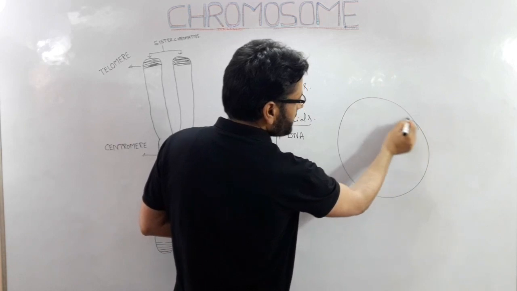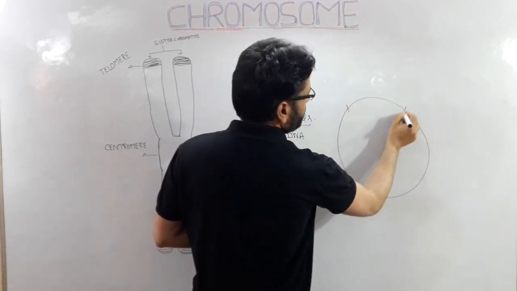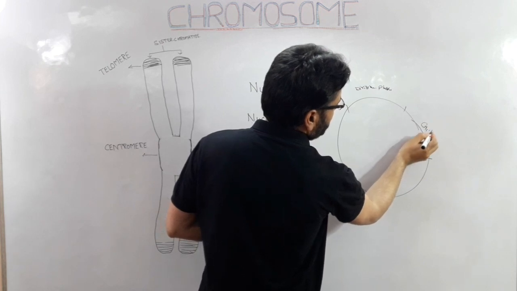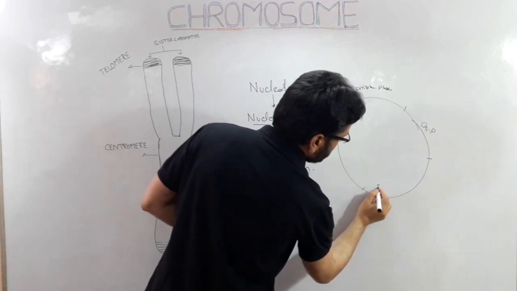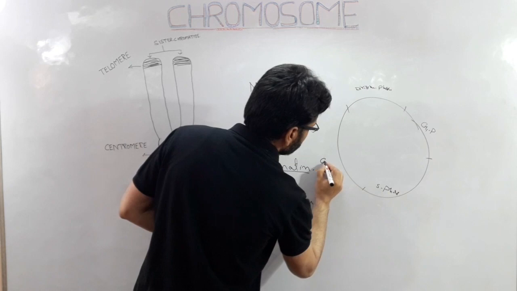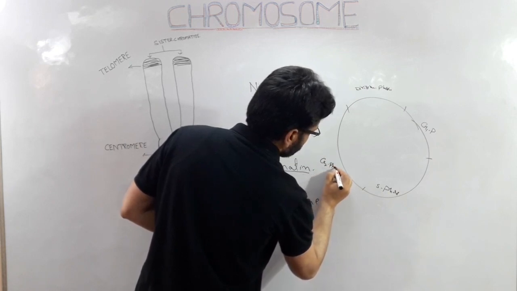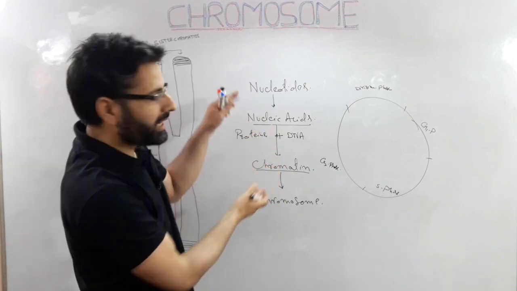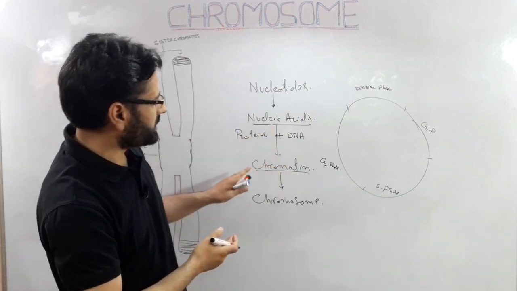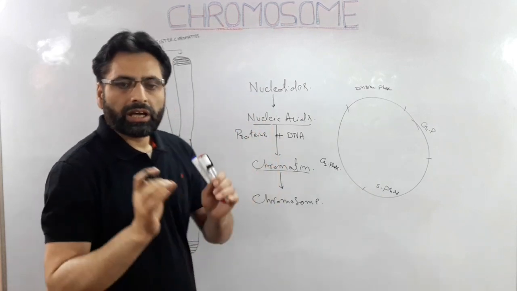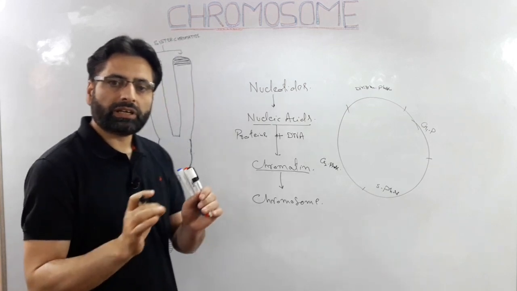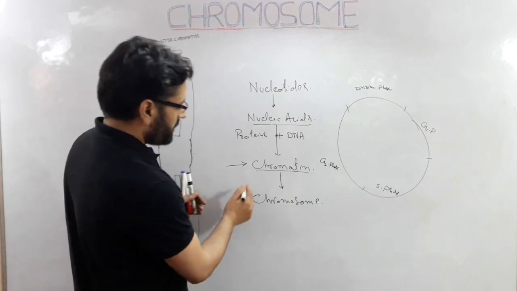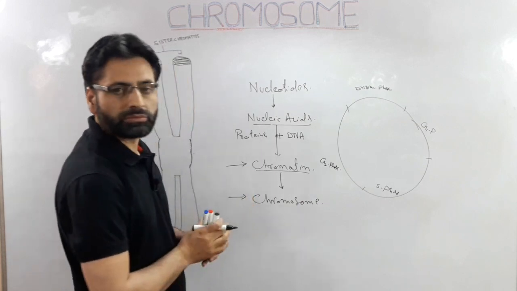Usually if you consider the cell cycle, we are having here the division phase, then we are having the G1 phase, and here it is the S phase, and this is G2 phase. Now if you take these structural hierarchies, nucleotides, nucleic acids, chromatin and chromosome, remember that the genetic material always remains in this form or in this form.